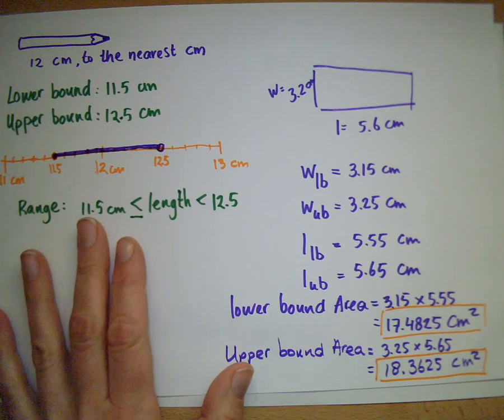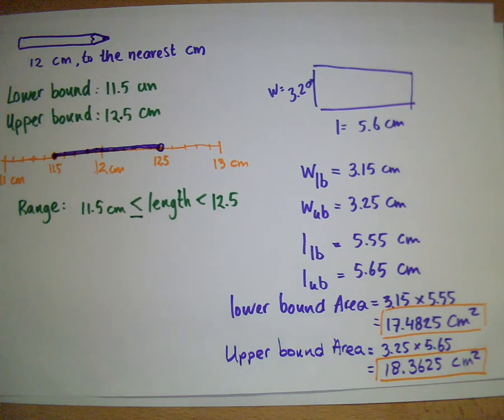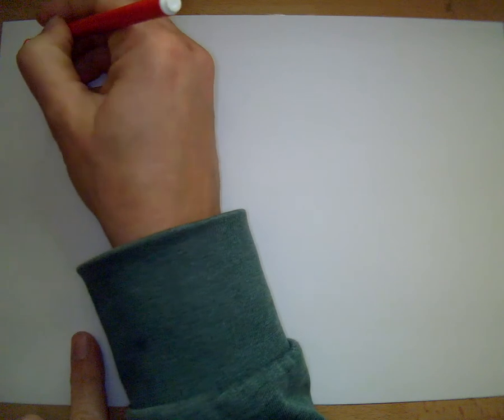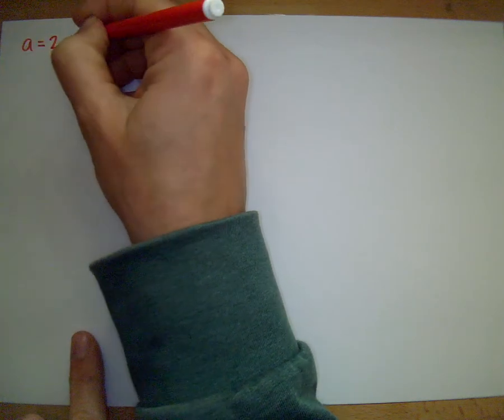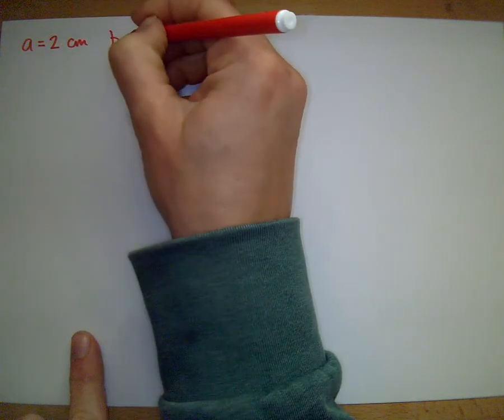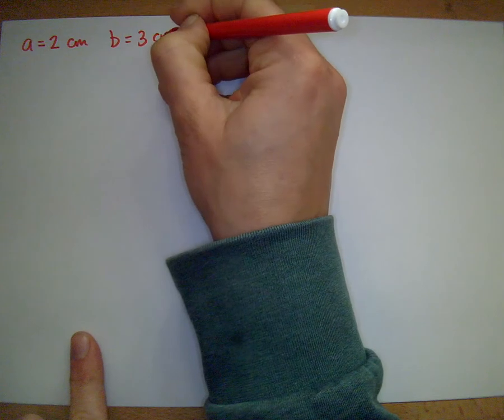Let's make it a little more abstract and just say we measure two things, thing A and thing B. Let's say A is 2 centimeters and B is 3 centimeters.